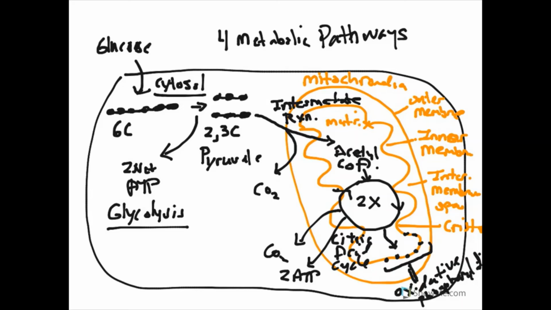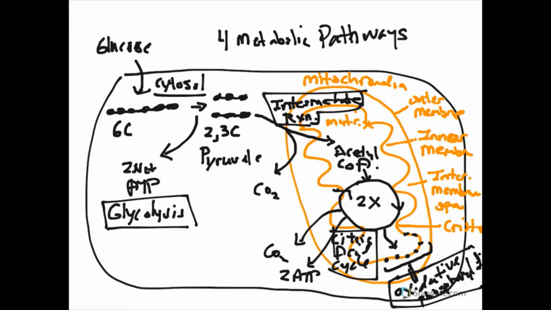Now, what we will do is a video on glycolysis, a video where we combine the intermediate reaction and the citric acid cycle, and a video on oxidative phosphorylation, in episodes 2, 3, and 4 of this 4-part series.